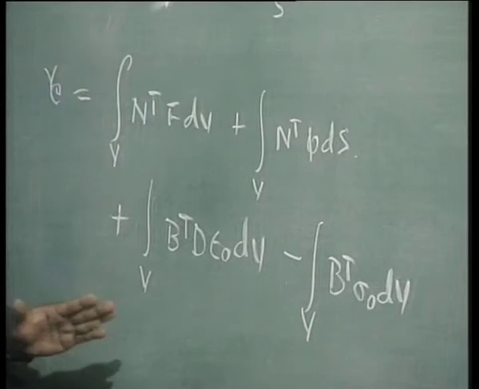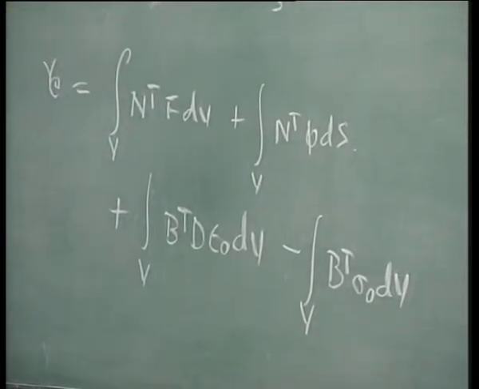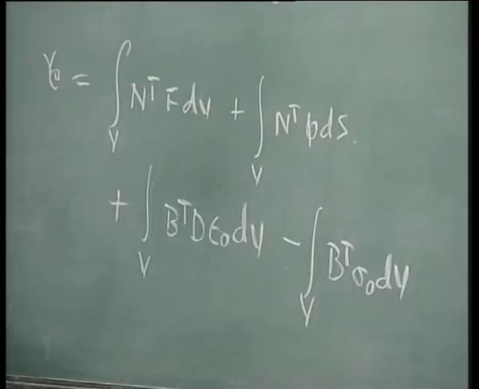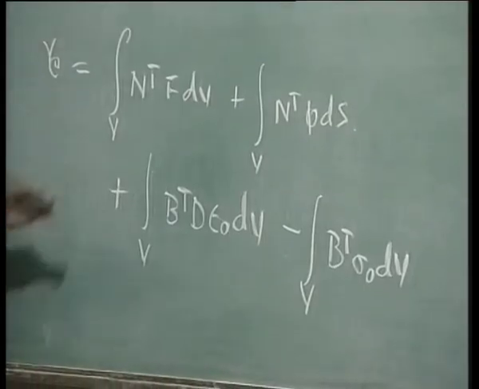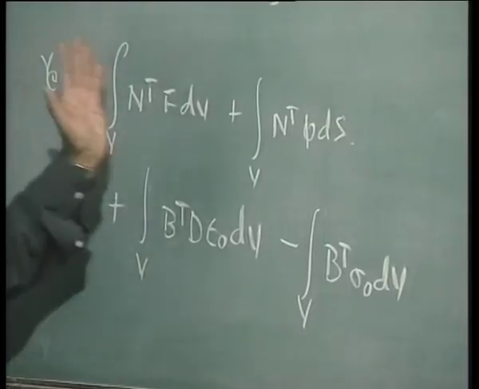Is it clear? So, these two are added for the element. Of course, these are all on the element level. When I want to expand it, you go through the same thing, I am not going to repeat it.